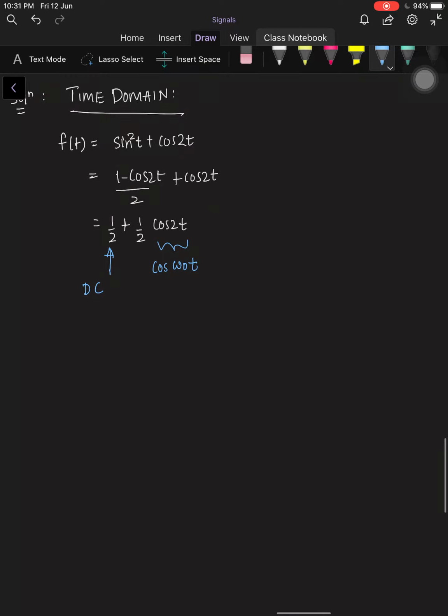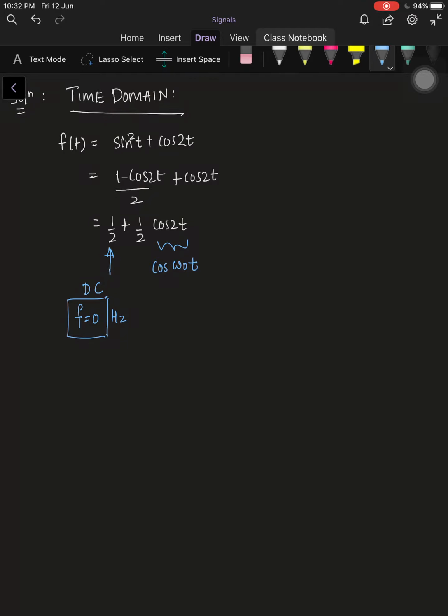Since this is a DC component, I have already mentioned in the previous video that a DC component corresponds to a frequency at 0 hertz, or based on the units. Okay, so 1 by 2 is just the amplitude, but frequency wise it means a component at f equals 0.